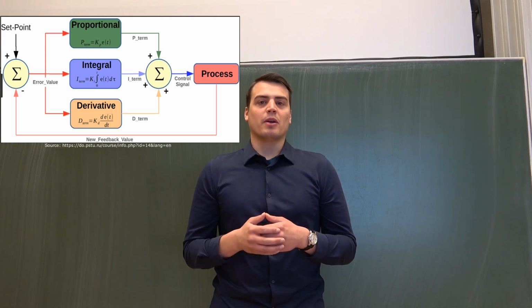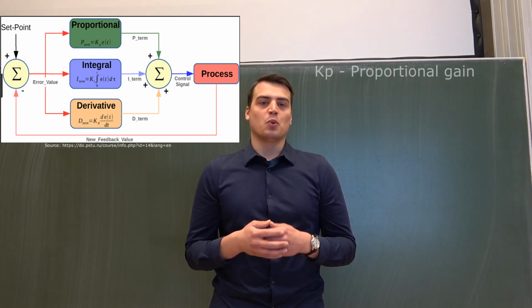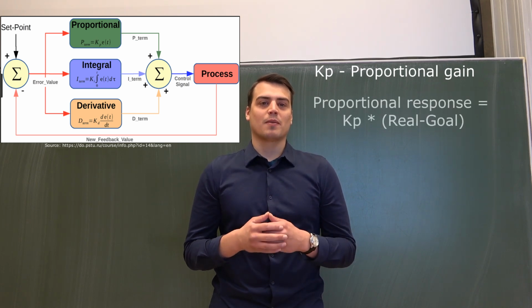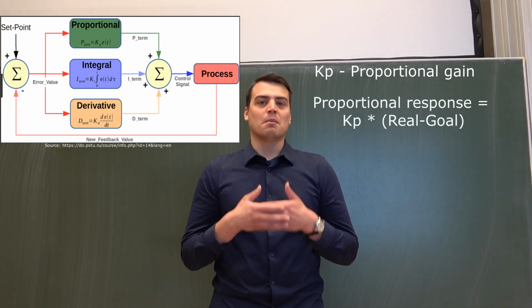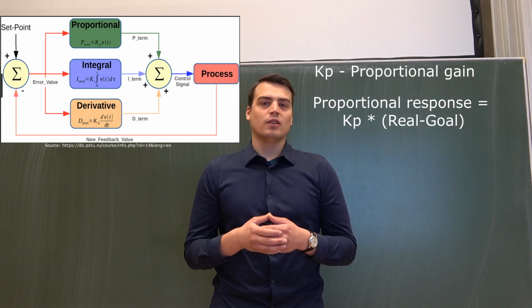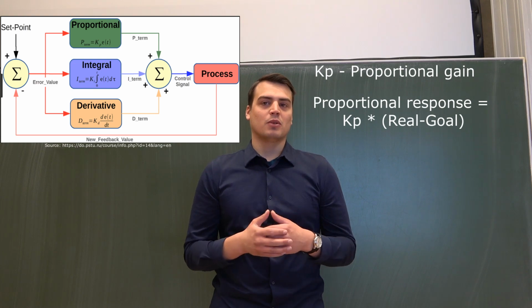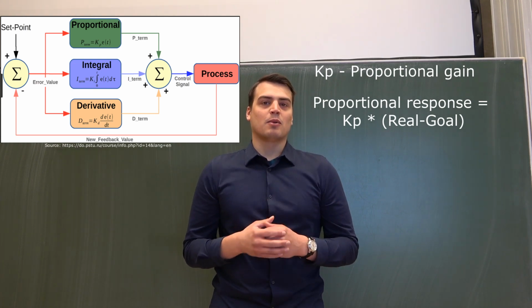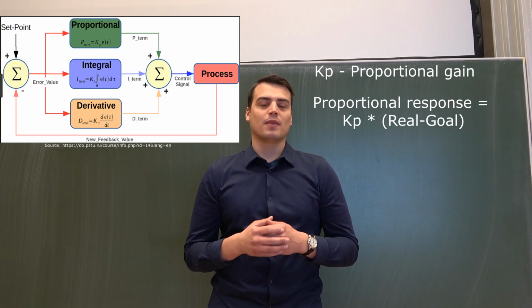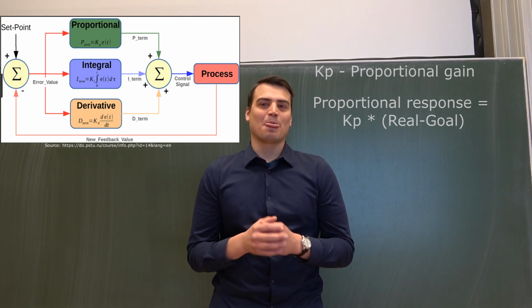The first component is the proportional part, which computes the difference between the process variable and the set point. The most important parameter is the proportional gain, which generates a so-called proportional response. For example, if the magnitude of the error between the real value and the desired value, or set point, is 20 and proportional gain is 3, then the proportional response is 60. Pretty simple math, right?